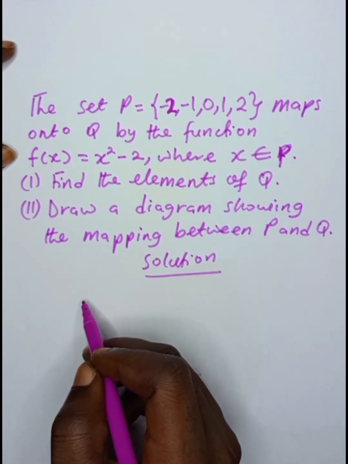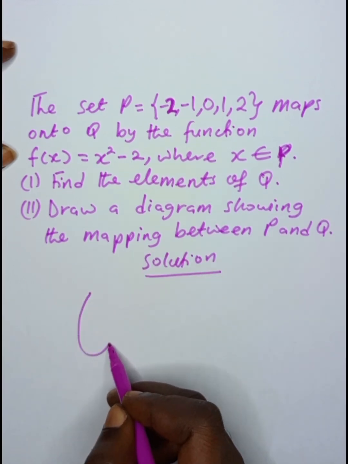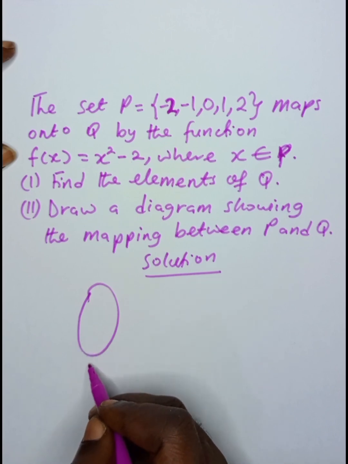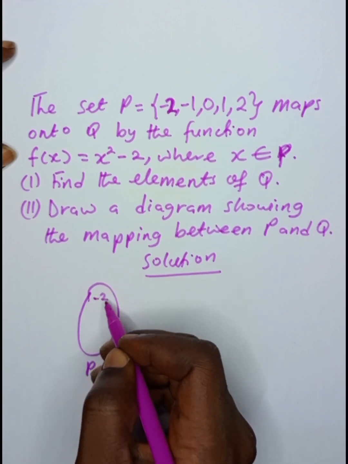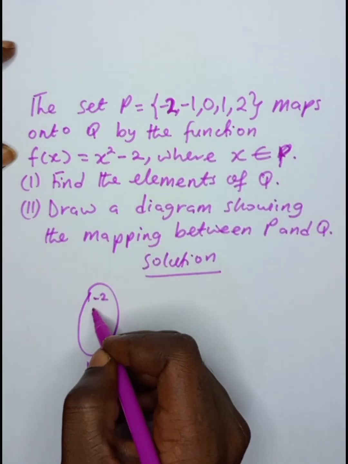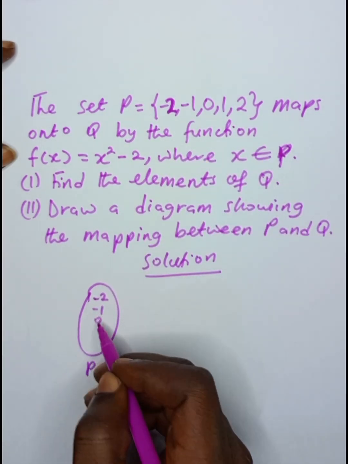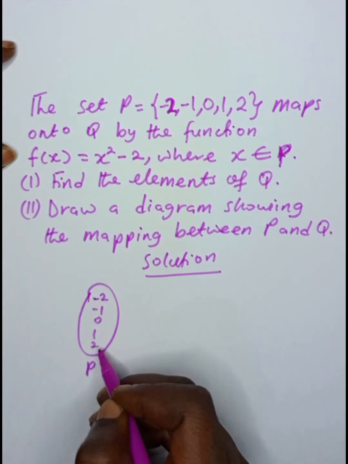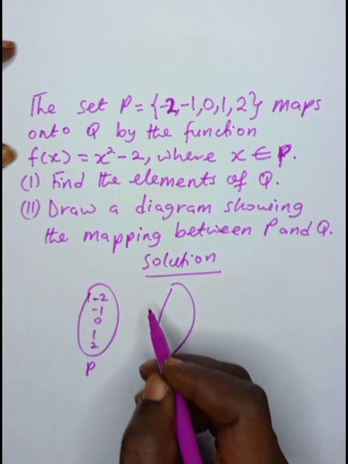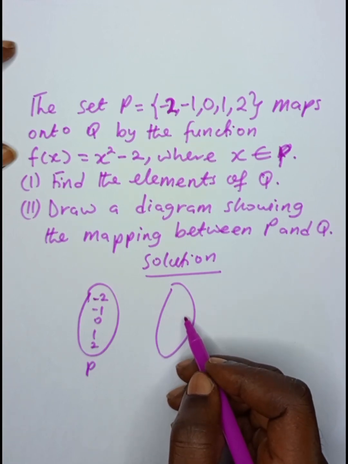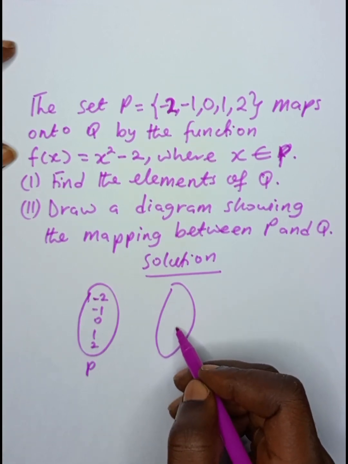We have a mapping where P is the domain, so the elements of P are -2, -1, 0, 1, 2. And the elements of Q are the codomain elements, which we are about to find.